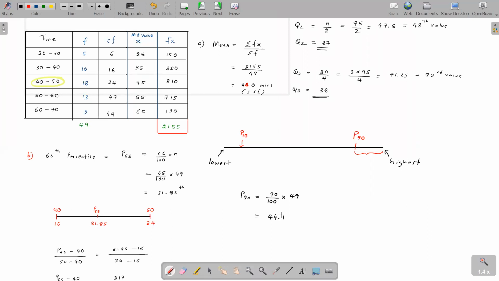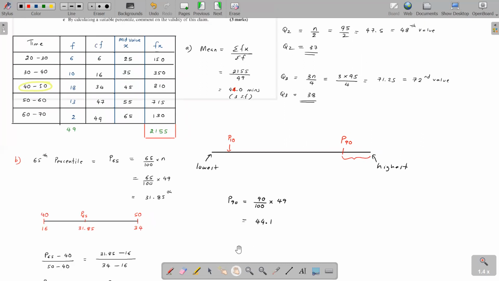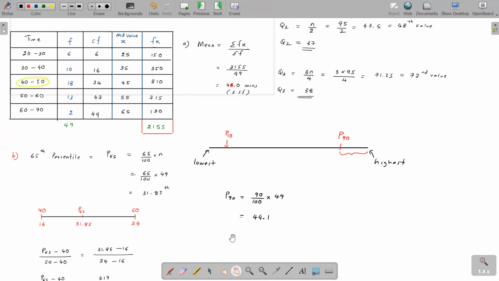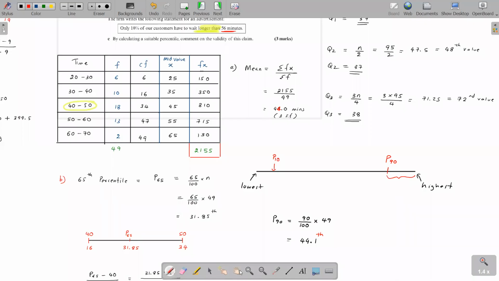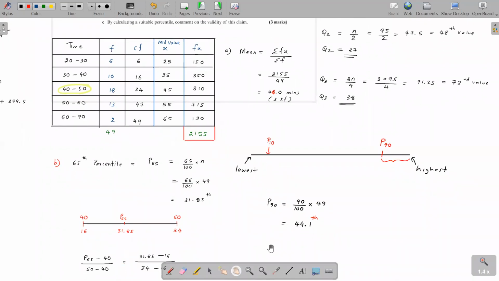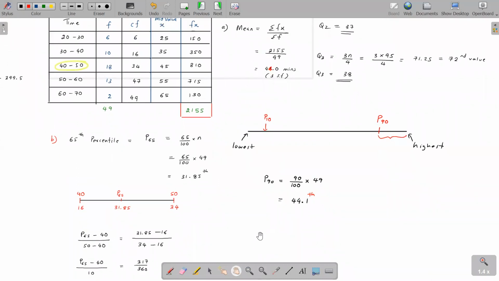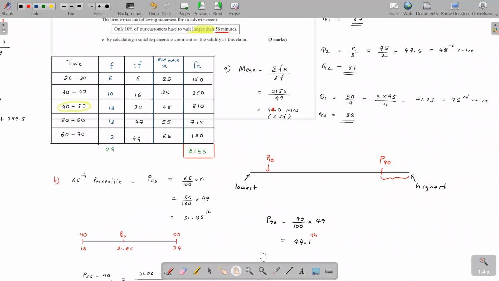Then you can find P90 by doing interpolation as well. So the 90th percentile position in the question is 44.1. Guys, just bear with me. I will explain in a moment exactly what's going on here.